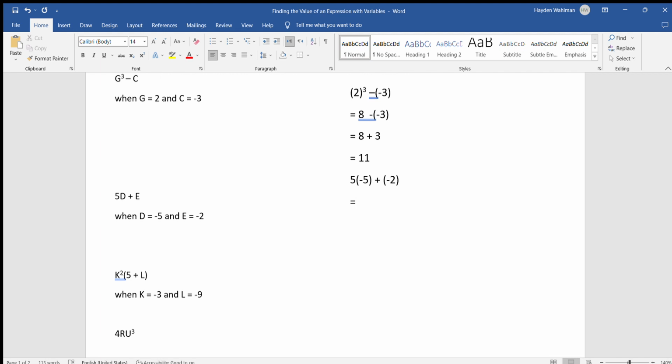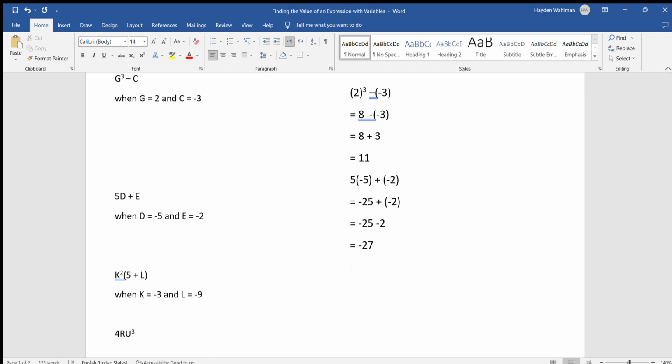And we only have 1, and we do left to right, so 5 times negative 5 is negative 25 plus negative 2. And now let's just look at these. The negative and the positive, they're next to each other. There's no number in between them, so we could rewrite that as negative 25 minus 2, because when there's two negatives next to each other, when we're adding and subtracting, it turns into a negative. And now we just go left to right. There's no more indices, there's no more brackets, so this answer is just negative 27, right?